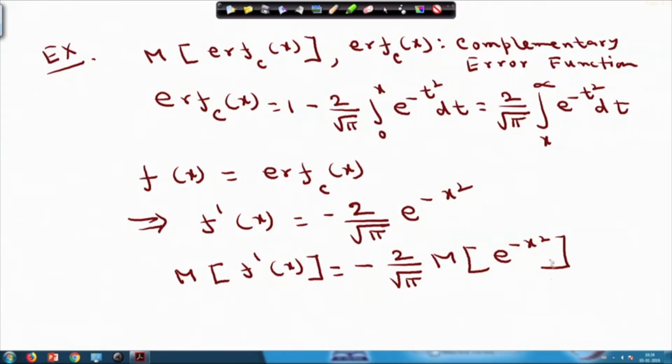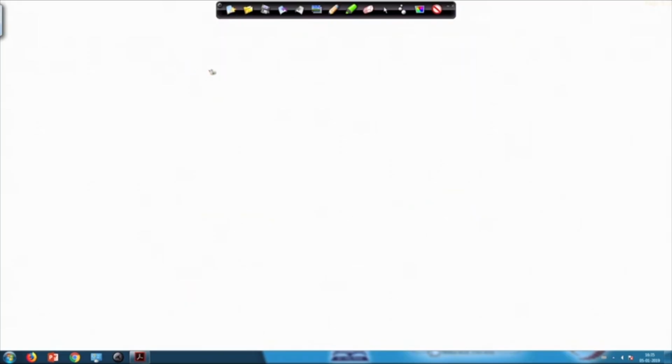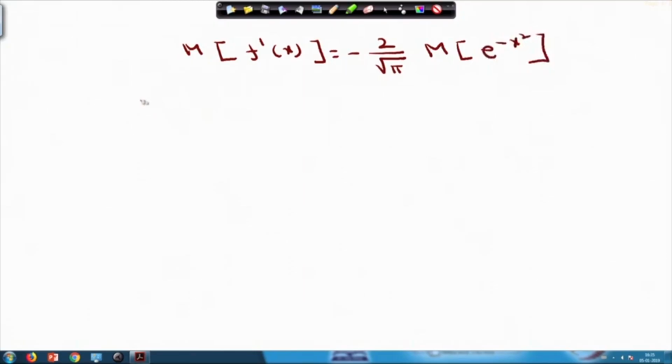I know the Mellin transform of e power minus a x square. I know that Mellin transform of f dash x, I can write in another property. So, Mellin transform of f dash x, I can write as minus (s minus 1) into F bar of (s minus 1), this we have used earlier also.